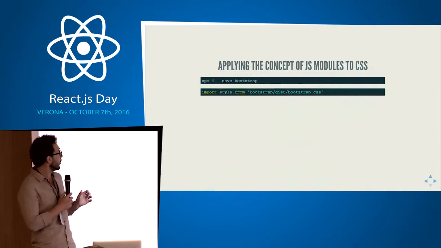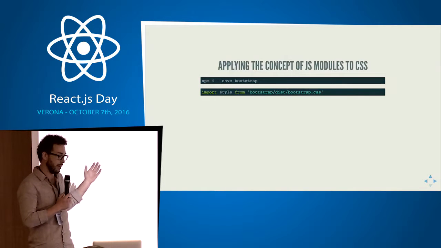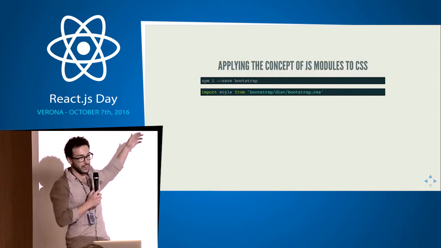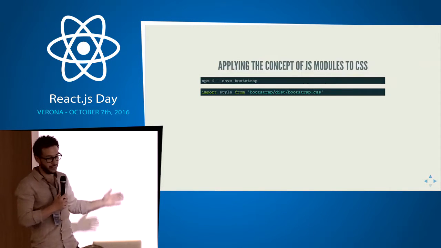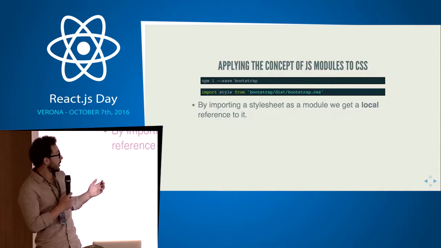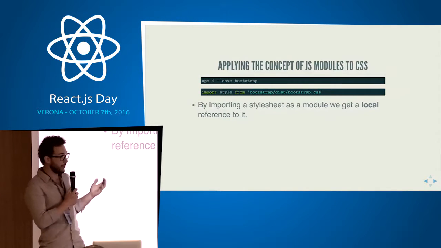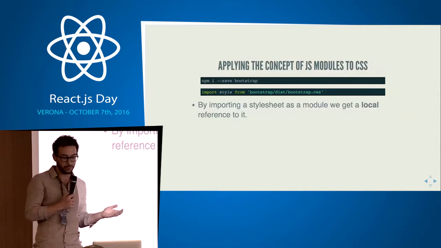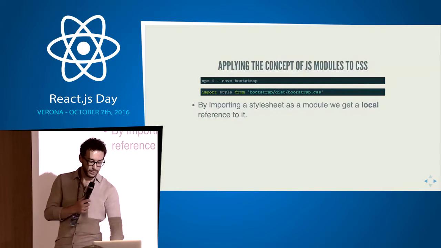So we install Bootstrap via NPM, which is possible. And then we just want to import the style sheet, not the JavaScript files, but the style sheet. And let's say that by importing a style sheet as a module, we get a local reference to that style sheet. So the style sheet is not added to the page. We just import it in our JavaScript file. We get a local reference to it.